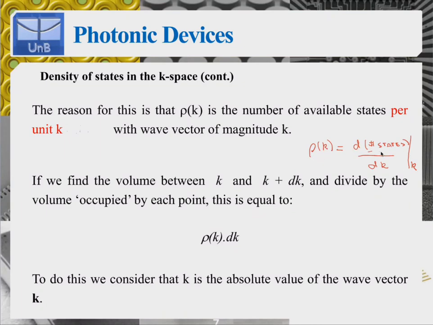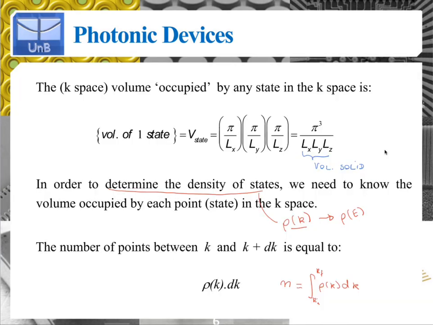Because of this, it only makes sense that if you replace this here, you will find the total number of states at a wave vector value of k, and if you integrate it over a certain range, you'll find the number of states within that range of k values, okay?